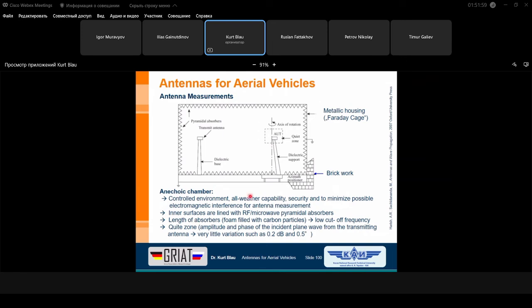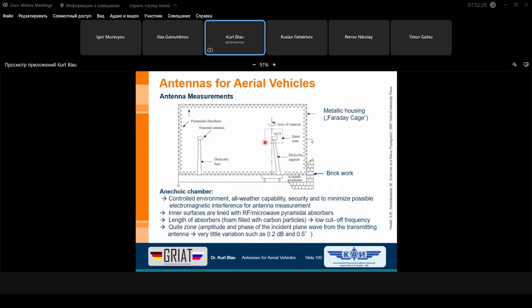And then the quiet zone: the amplitude and phase of the incident plane wave from the transmitting antenna should have very little variations, and here you can give such a threshold for a quiet zone, for instance 0.2 dB magnitude variation over the measurement plane and half a degree, 0.5 degree, phase difference.